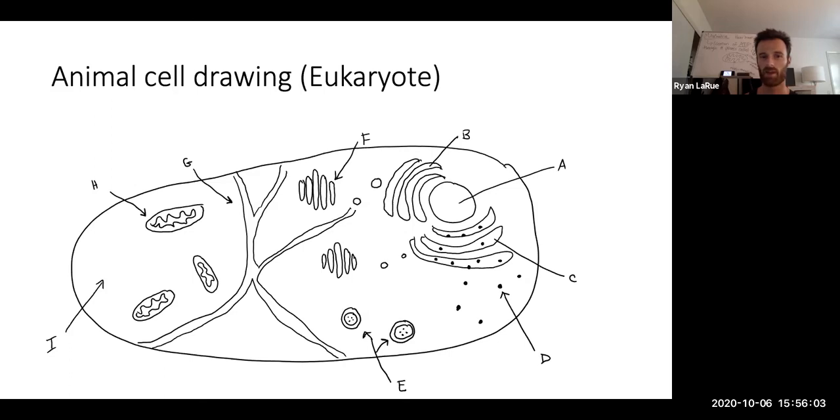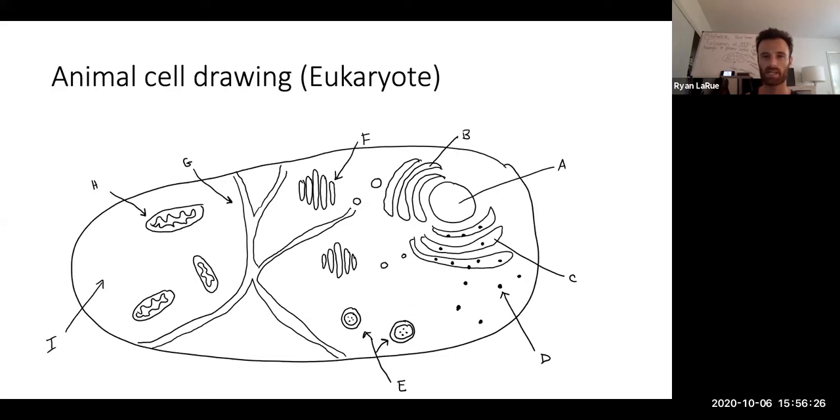Yeah, ribosomes, nice. How about F? Tricky. Yeah, Golgi. Yep. The F is the Golgi complex.